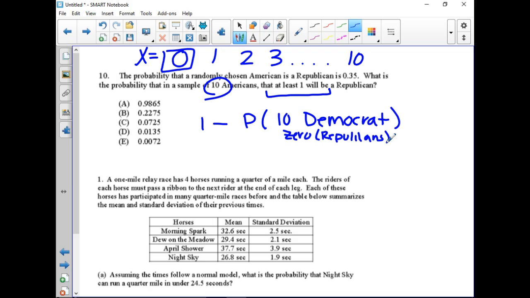Okay, so I'm going to take 1 minus 0.65 to the 10th power. Why to the 10th power? No, because it's a Republican. I don't want a Republican. So it's 1 minus none. And that's going to give me 0.8.